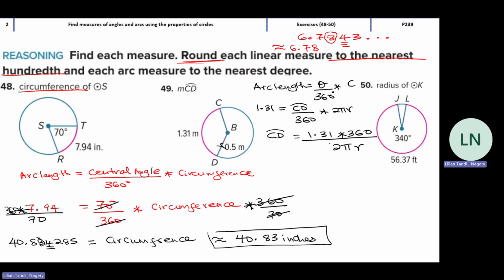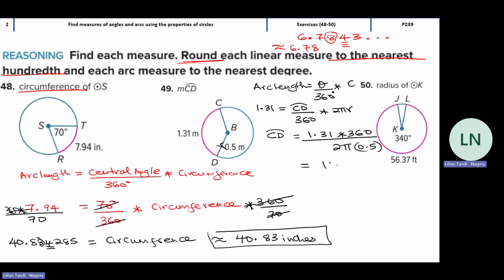Now, my r is 0.5. And 0.5 multiplied by 2 is 1. So I'll change my number here and I will write 0.5. Now, this will become 2 times 0.5 is 1, and 1 times pi is pi.